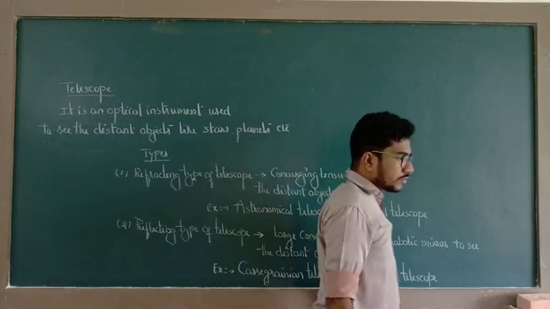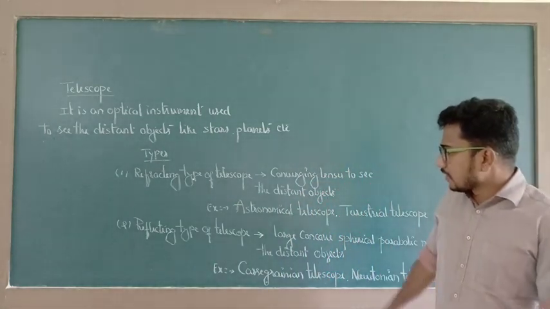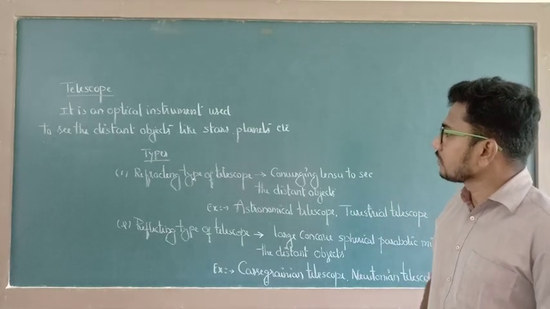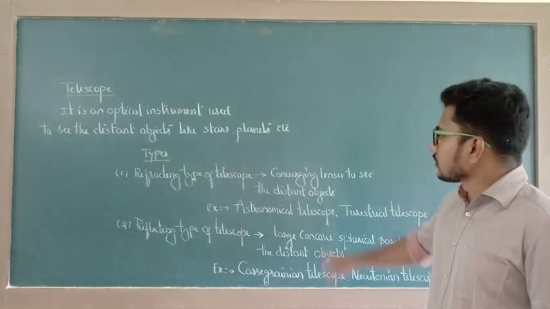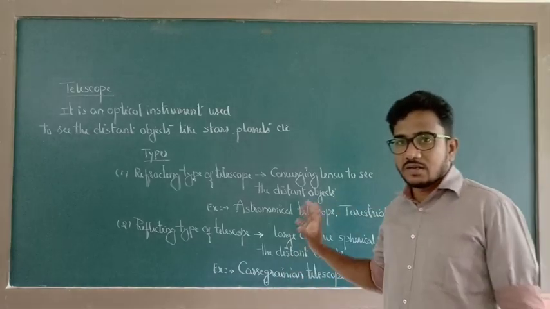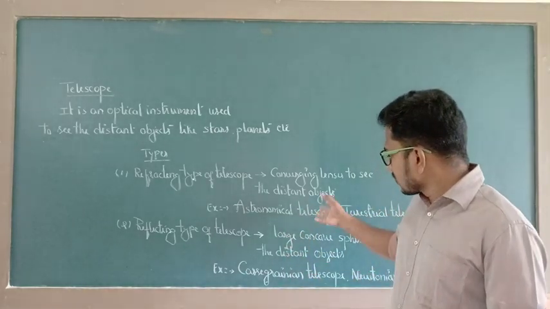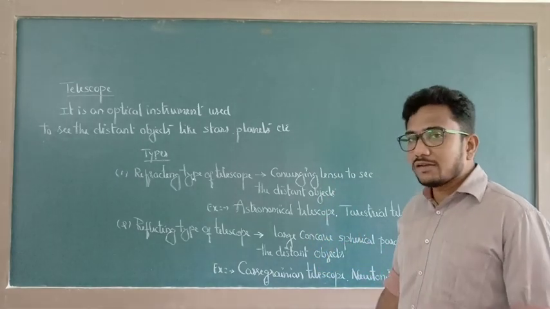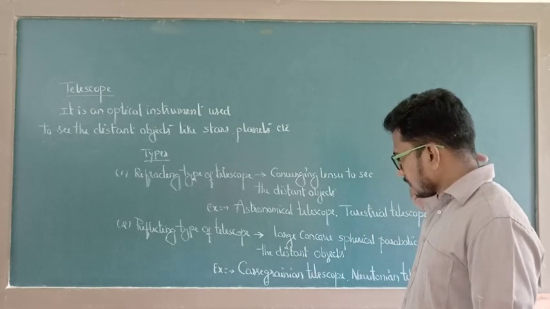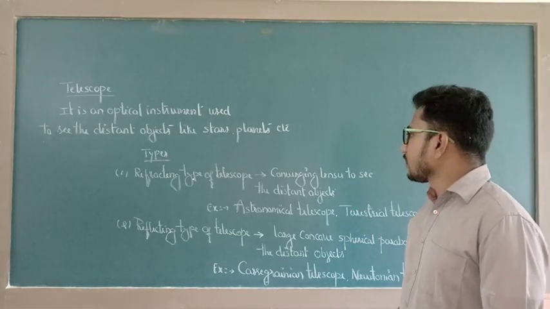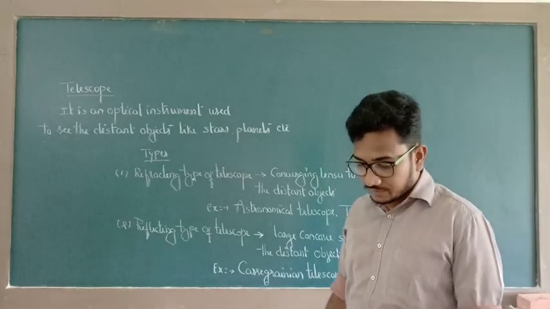These two telescopes come under reflecting type telescopes. In the refracting type we use converging lenses, which are nothing but convex lenses. Here, instead of these lenses, we are going to prefer concave spherical mirrors, a large concave spherical parabolic mirror instead of the objective lens.